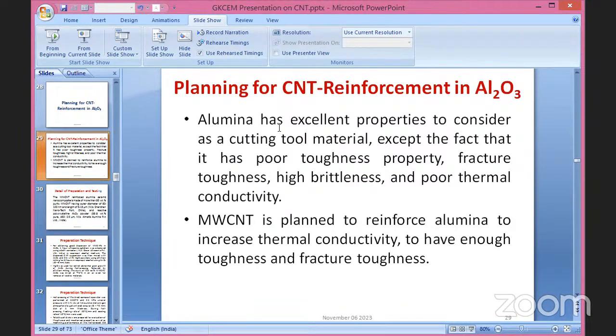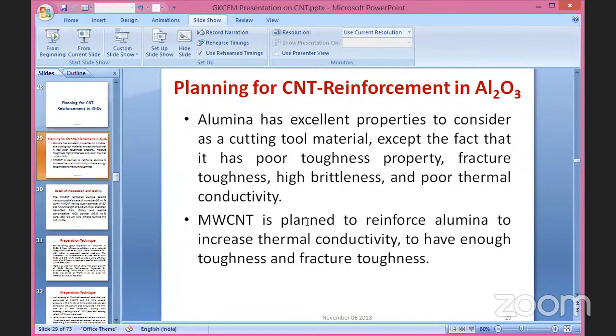So you know that alumina has excellent properties to be considered as a cutting tool material. But one property it is lacking very badly, that is poor toughness. If its toughness is high, then alumina alone can be a very good cutting tool material. But as it is having very poor toughness, it can break into pieces if there is some shock load or some tension coming, etc. So we have to improve toughness by any means.